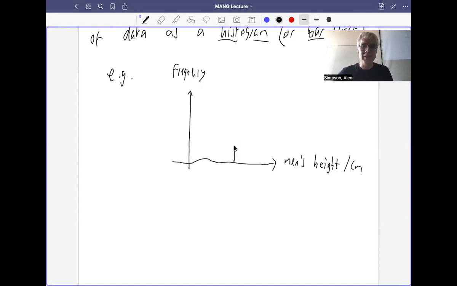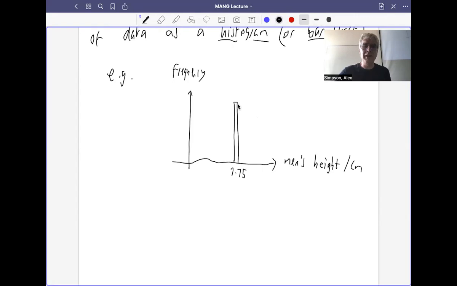But wherever the average is, we're going to typically have more people there, so let's say 175. The mode is typically going to coincide with the mean, as it turns out, in such pictures.